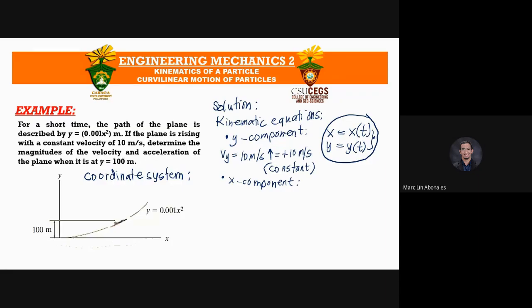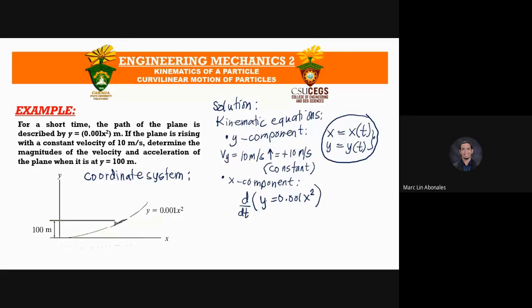We will use this equation, y is equal to 0.001 x squared, and differentiate it using the chain rule, with respect to time.